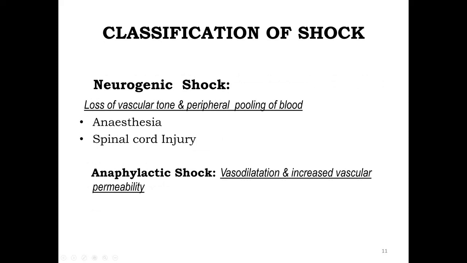Neurogenic shock, loss of vascular tone, and there is peripheral pooling of blood. This is seen during accidents, due to anesthesia or spinal cord injury. Anaphylactic shock, there is vasodilatation and increased vascular permeability.